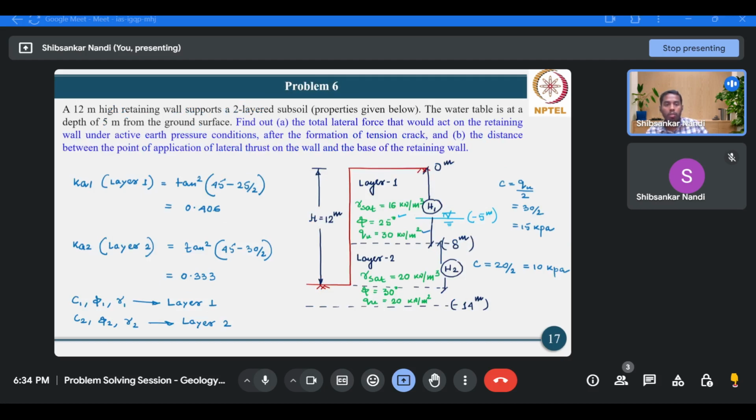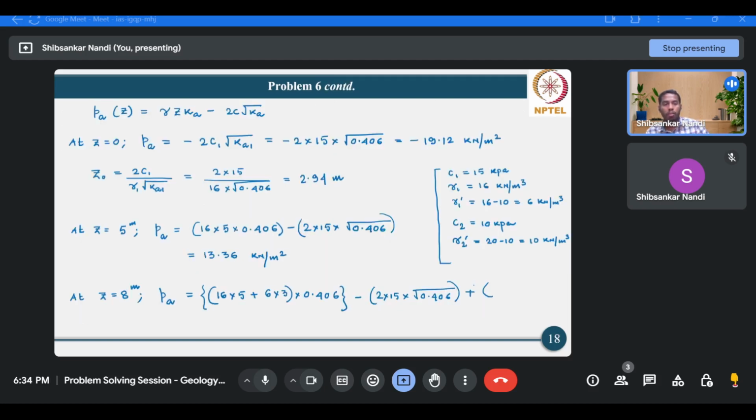So water pressure for what depth, it will be 8 minus 5. Okay, so that is only for 3 meter, then multiplied by 6.